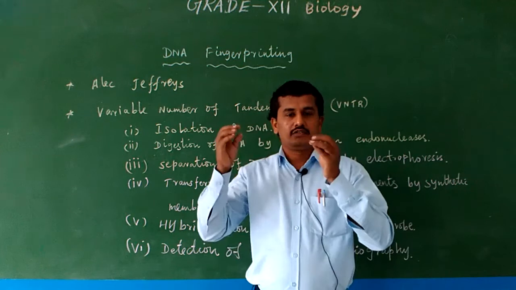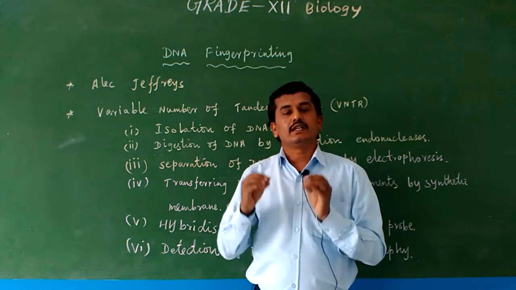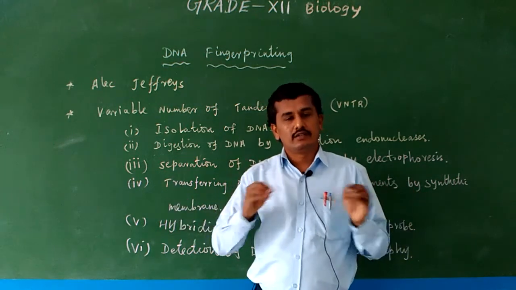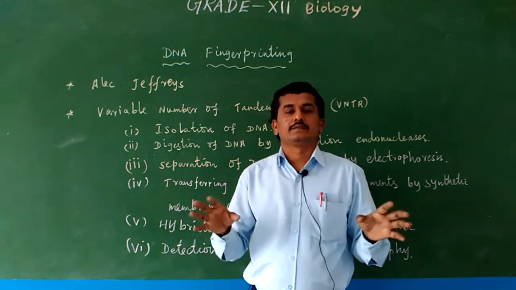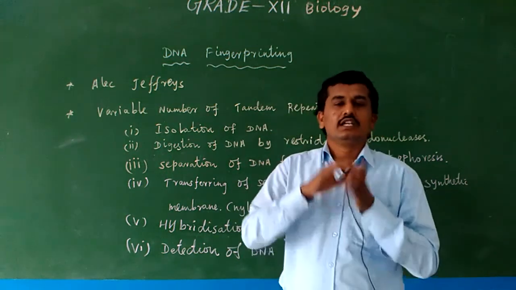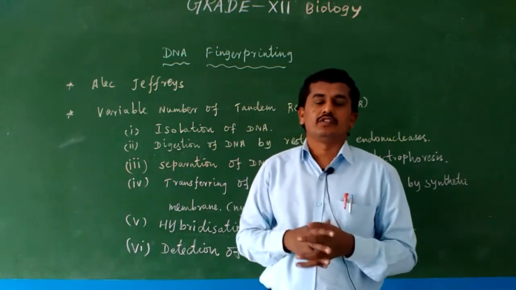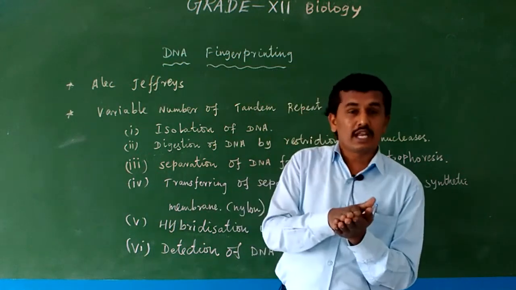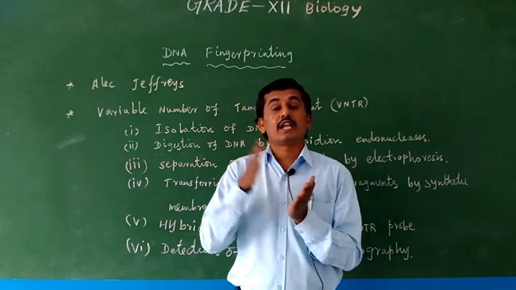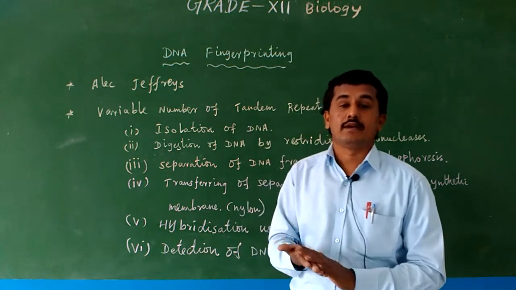First we isolate the DNA, then cut it with restriction endonuclease, then add it to the electrophoresis machine, which separates the DNA fragments according to size. Then from the agarose gel we transfer the DNA onto the nitrocellulose or nylon paper.